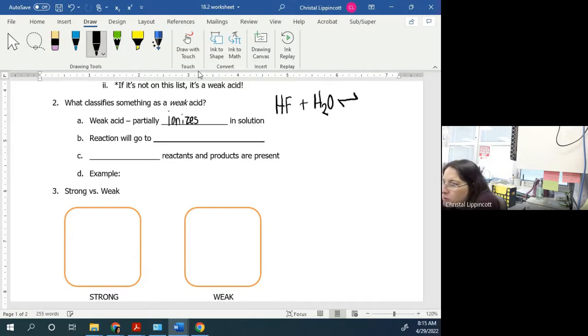So this is a weak acid. We would end up with H3O plus because that hydrogen is going to grab a hold of this, and then you're going to end up with F minus. Very little of this is going to form.